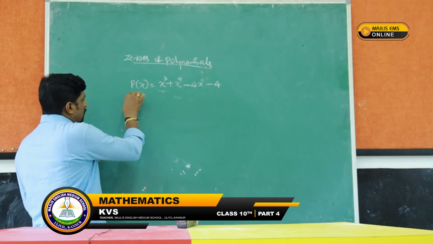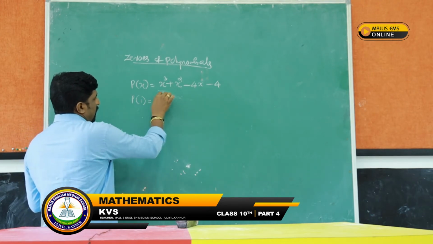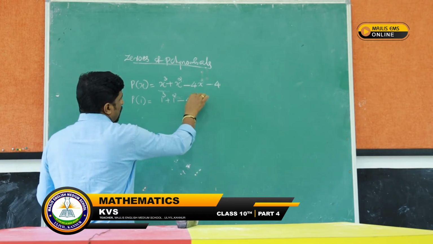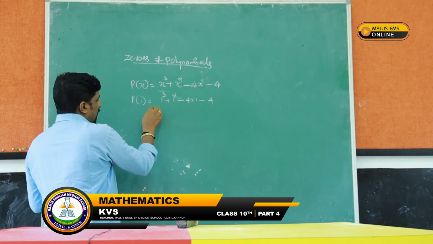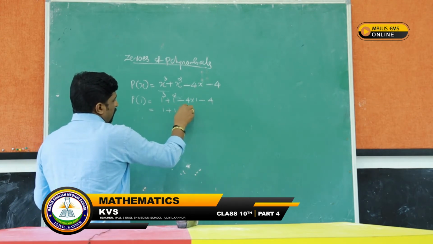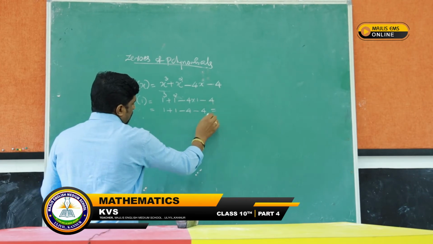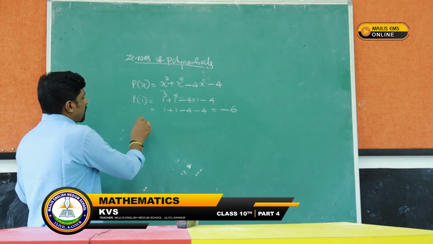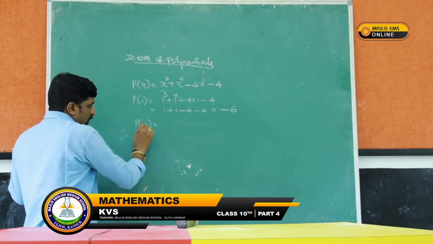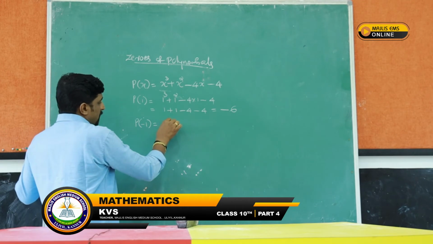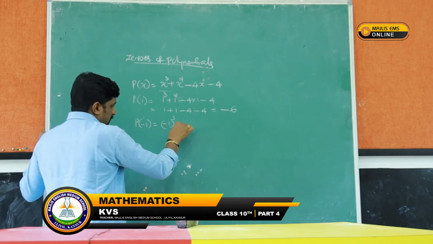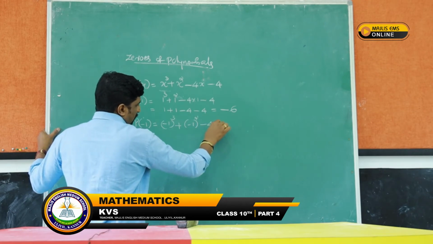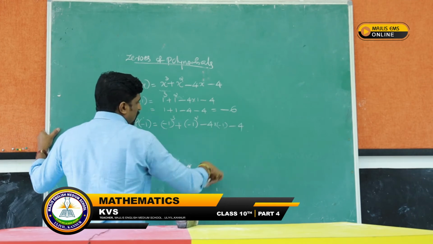We can start again with p of 1. p of 1 equals 1 cube plus 1 square minus 4 into 1 minus 4. Therefore, we get 1 plus 1 minus 4 minus 4, that is 2 minus 8, which is minus 6. It is not a 0. Next I can find p of minus 1. P of minus 1 means minus 1 cube plus minus 1 square minus 4 into minus 1 minus 4.